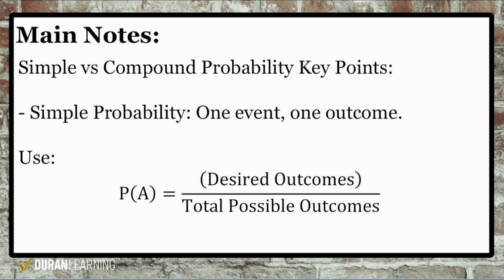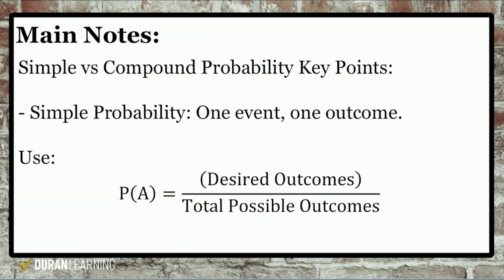Even if you weren't here yesterday, this is the main fundamental piece that takes us forward, and that's the definition of simple probability. What makes simple probability simple is that we're dealing with one event, one outcome. We are looking for one outcome, and we just divide that by the total possible outcomes.